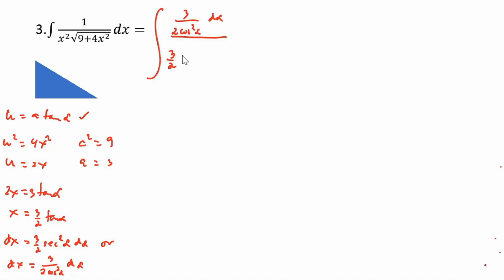So we have 3 over 2 tangent alpha enclosed in parentheses, to the power of 2, times the square root of, let's extend this one, 9 plus 4 times the meaning of x again, 3 over 2 tangent alpha, to the power of 2. And the meaning of dx is already there.